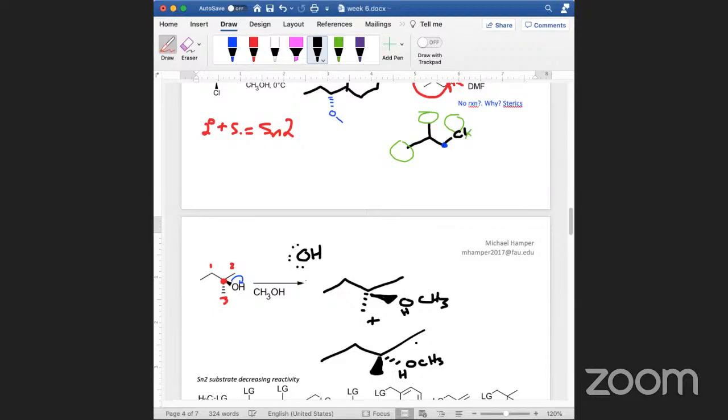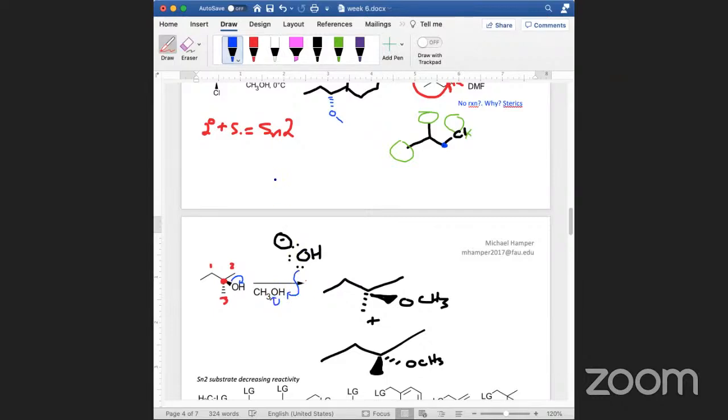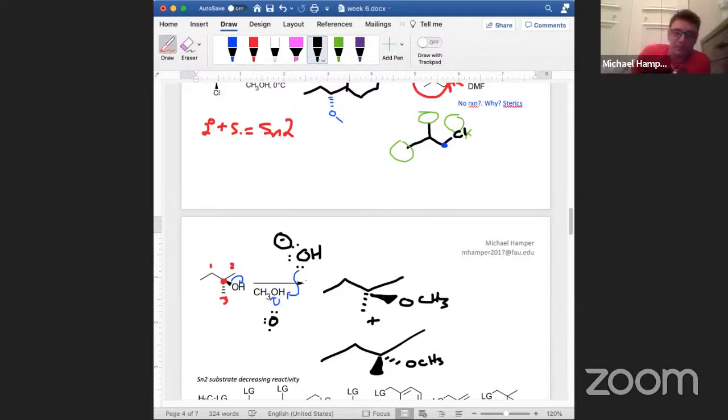Somebody said in the chat, deprotonation. This will go ahead and remove this hydrogen. So in your middle step, this occurs.